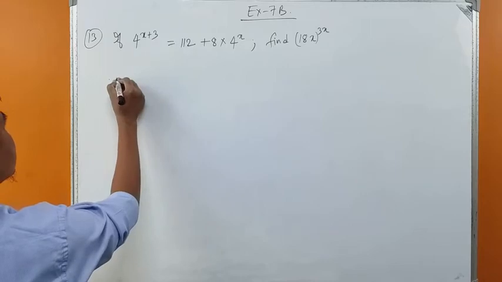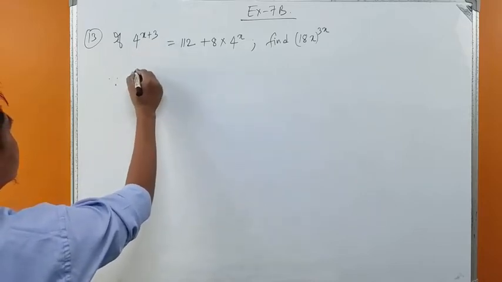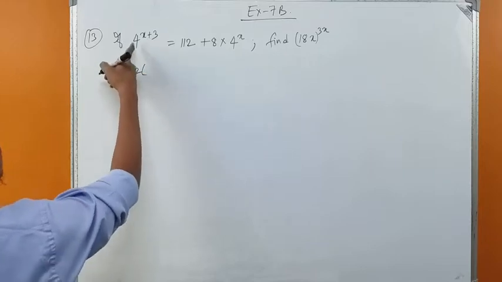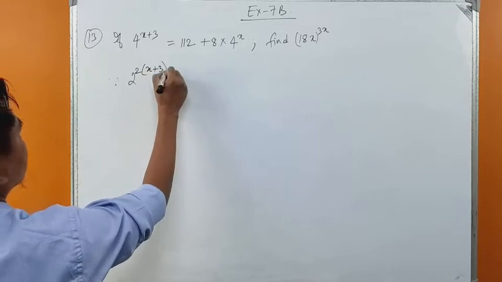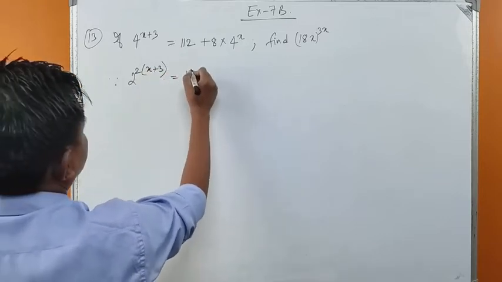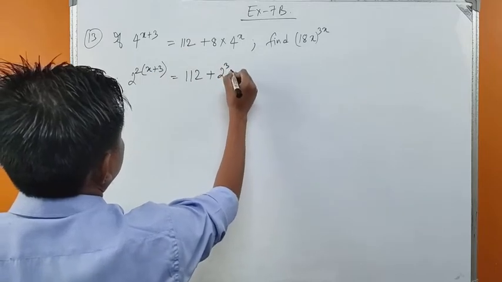Now since we have 4 to the power x plus 3, isn't it? You can write 2 squared, 2 squared is 4, to the power x plus 3. This 112 we write as it is. Plus 8 means 2 cubed, isn't it?